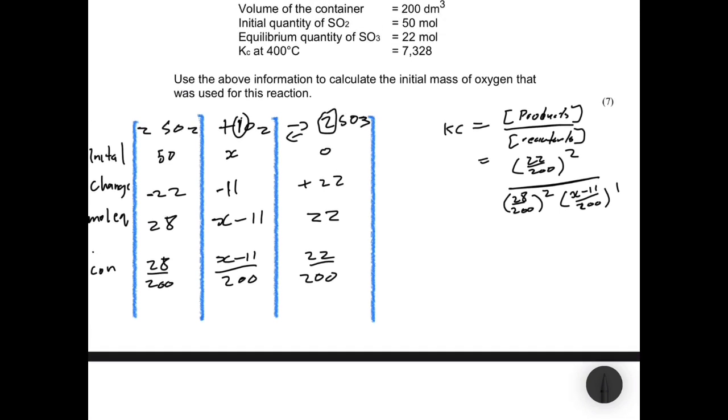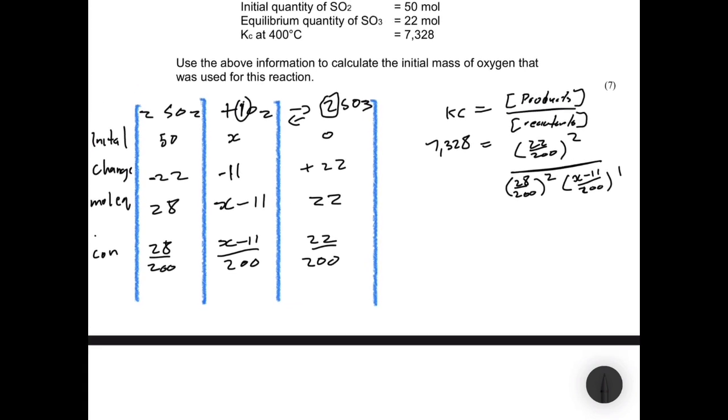But we're given the value of Kc, we know that it is 7.328. So now we have to solve for x. How are we gonna do that?